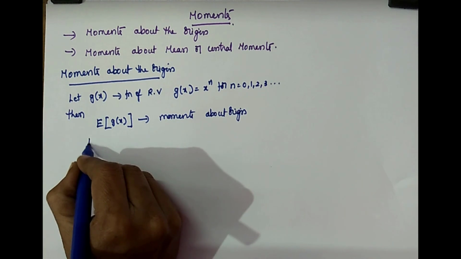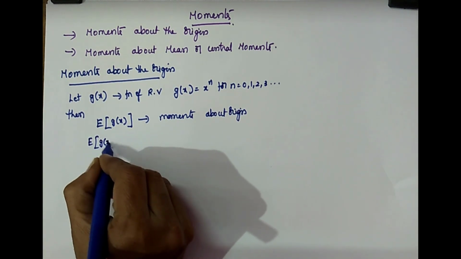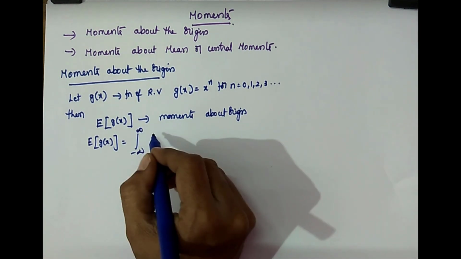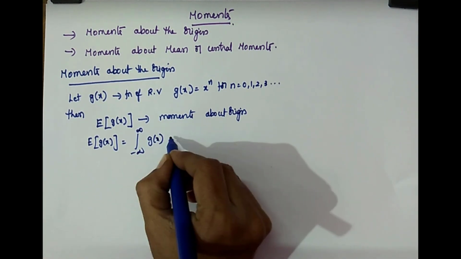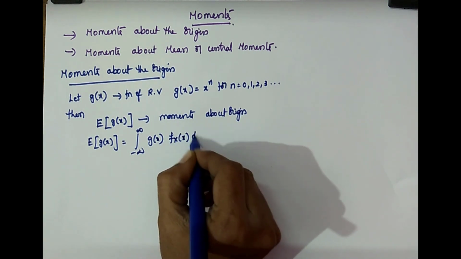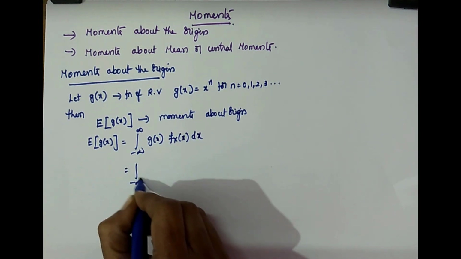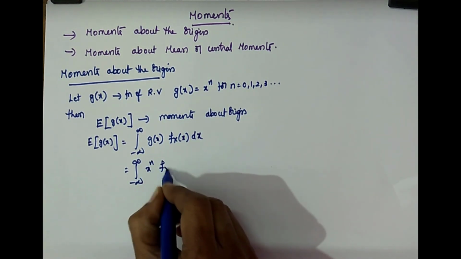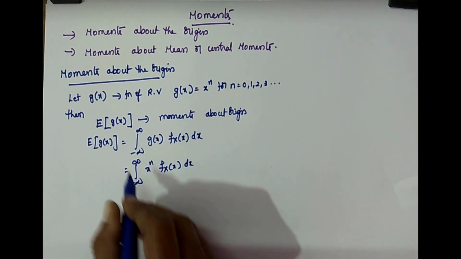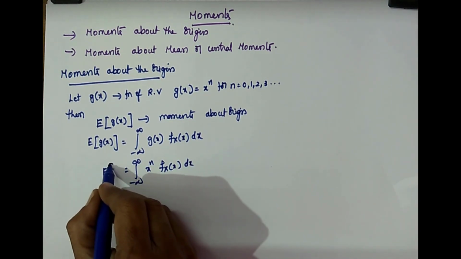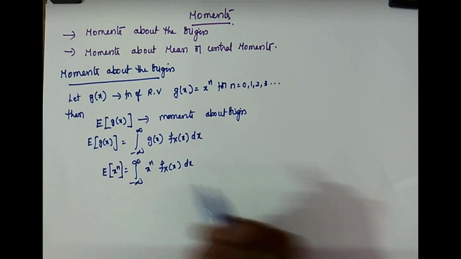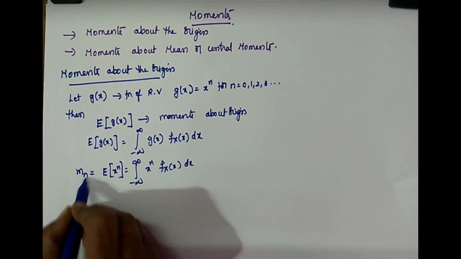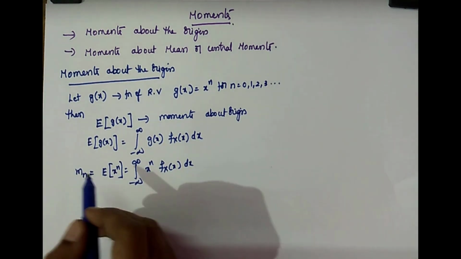Then what is E of g of x? We know it already from the concept of expectation. It is simply the integral from minus infinity to infinity of g of x into fX of x dx. Substituting g of x, it is x power n into fX of x dx. So this is your E of x power n, and that is denoted by m_n.